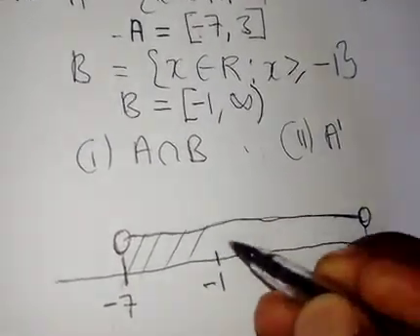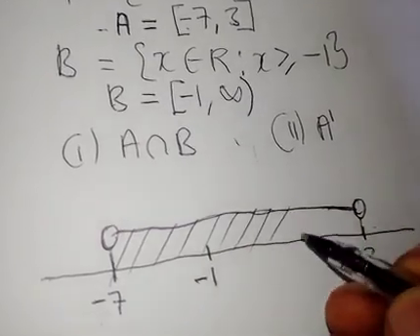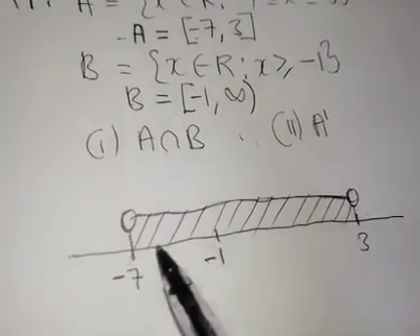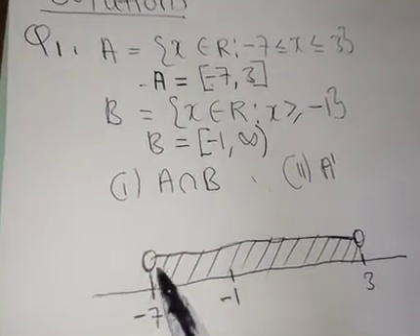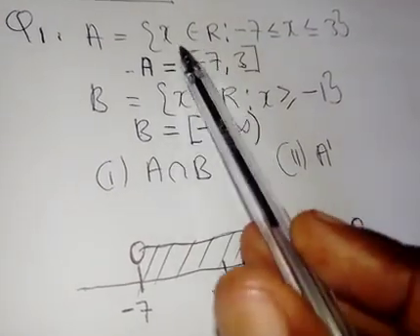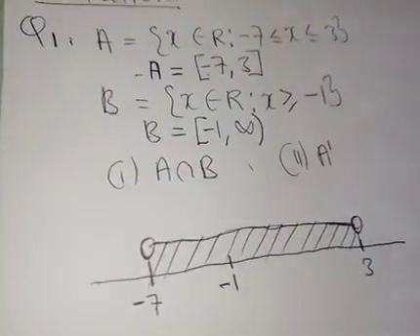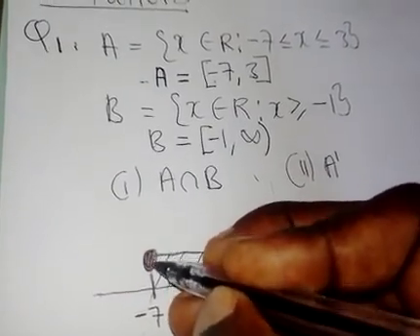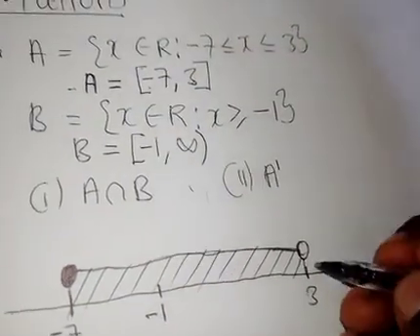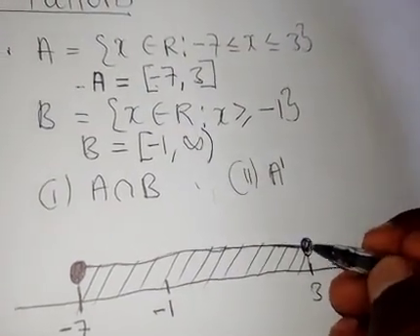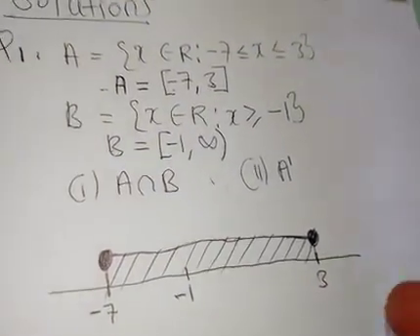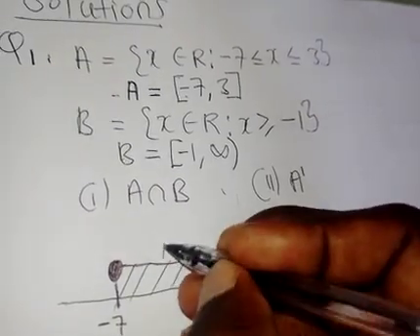So you shade it like this. So we have shaded the set here. On top of negative 7 there, as you can see, we have used that square bracket. What does this imply? We should shade. Even on top of 3, square bracket there, we should shade like that. So this is set A. If you want, you can even write this is set A.